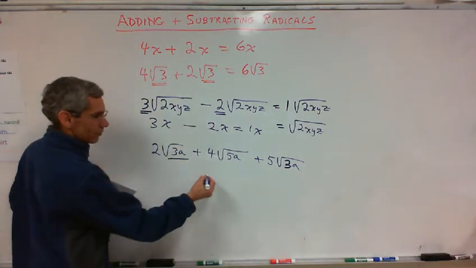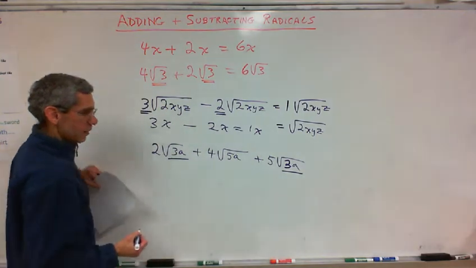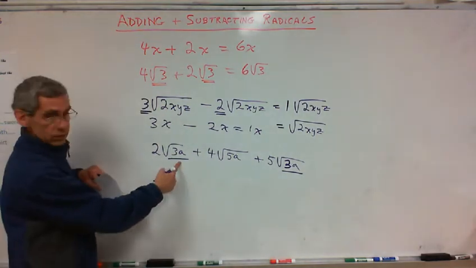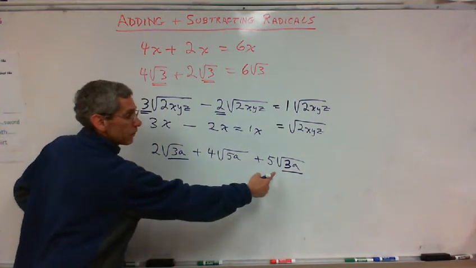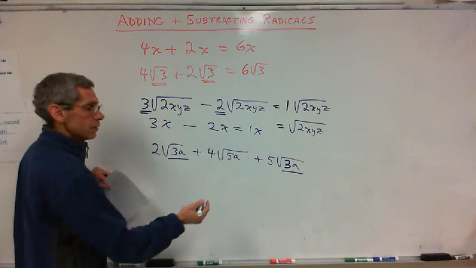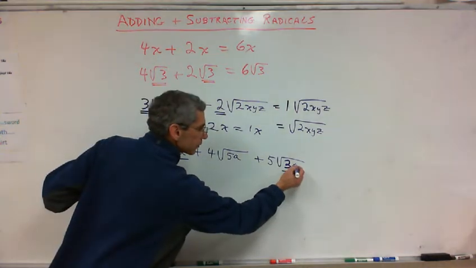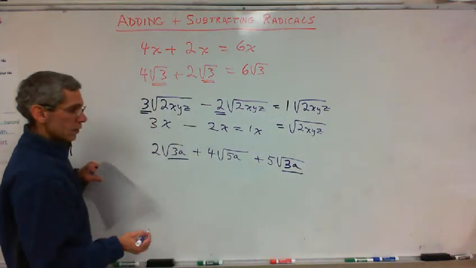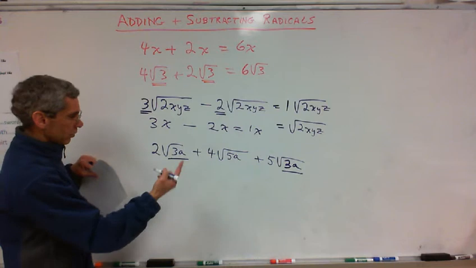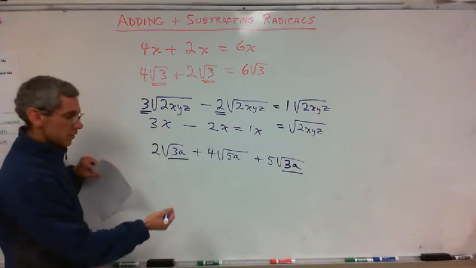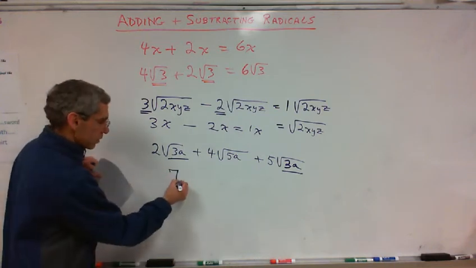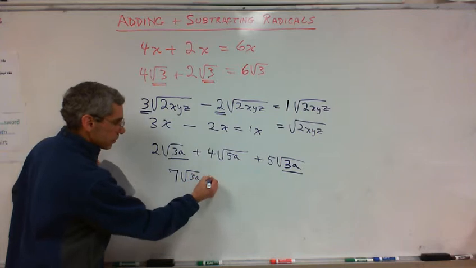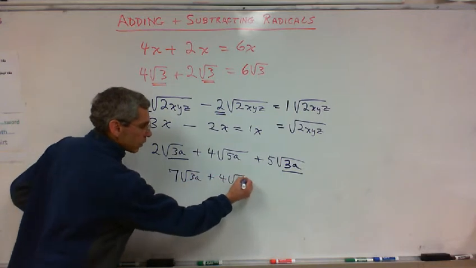So there are like terms there. Now I have 2 of these square root of 3a's, and I have 5 of these square root of 3a's. So how many square root of 3a's do I have total? 7. So I'm going to write 7 square root of 3a plus 4 square root of 5a.